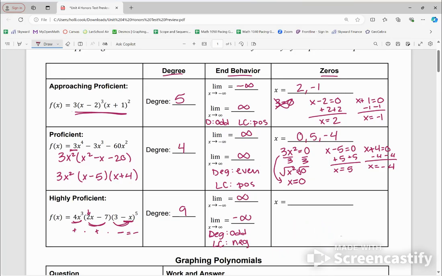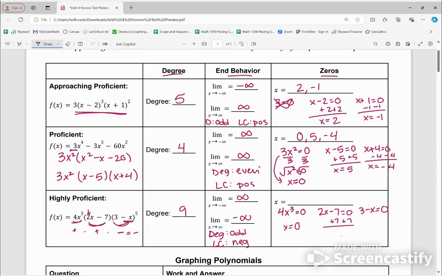All right, and then lastly, we need to find our zeros. So I'm going to take everything, set it equal to 0. So 4x cubed equals 0. You can do the solving, but we know that's going to be 0.